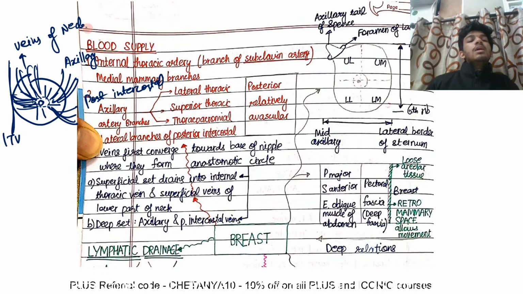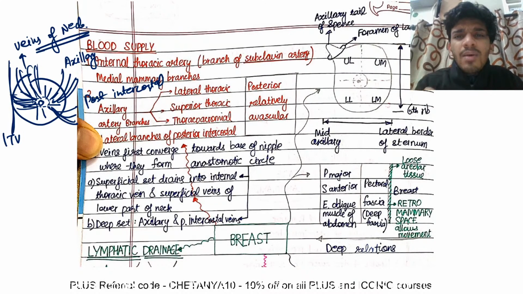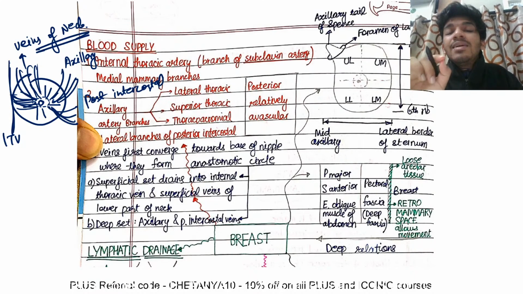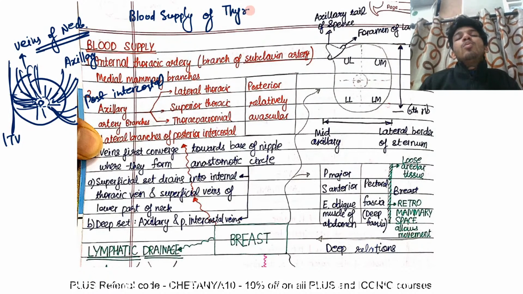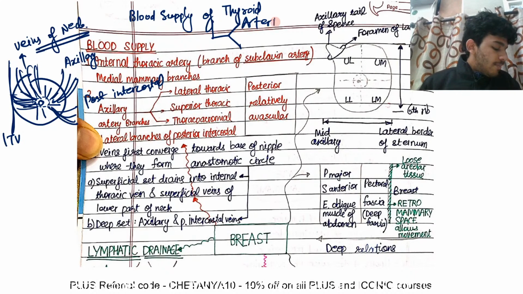Very simply put, that's the blood supply and the venous drainage. So always remember, for your prof examinations, if blood supply of something like the thyroid gland is asked, you have to divide it into two parts. Write the arterial supply separately and the venous drainage separately.